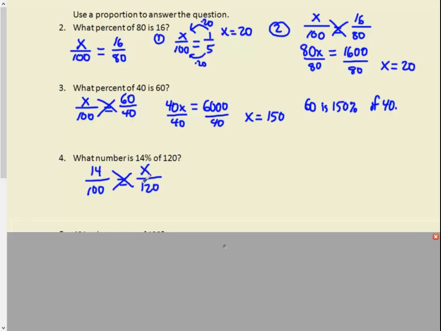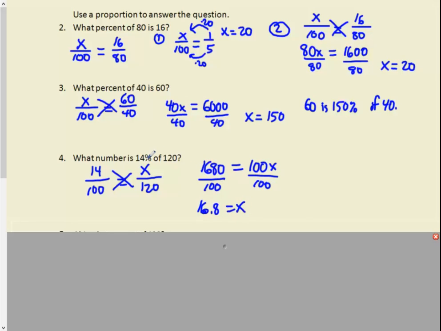So we can go ahead and cross multiply here, and we're going to get 14 times 120, which is, let's see, 1200 and another 480, so that's 1680 is equal to 100x, and then we can just divide by 100, which is nice because that means move the decimal 2 places to the left, and we get 16.8 is equal to x.